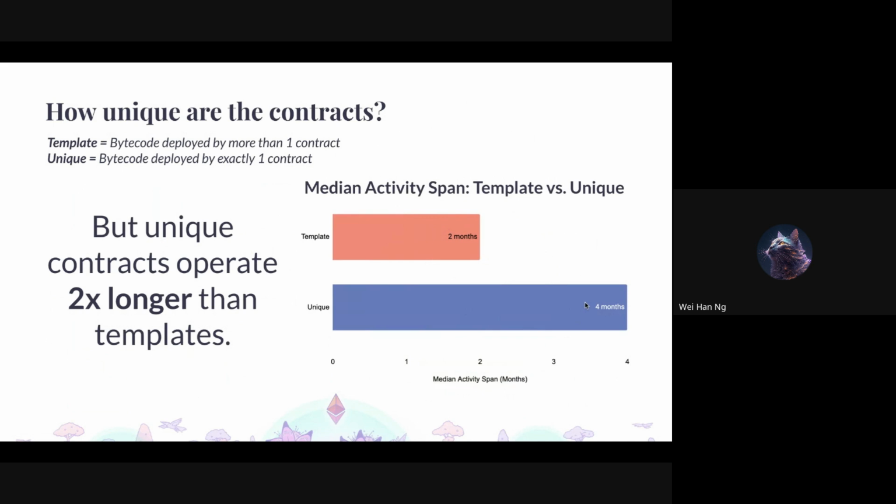If you compare the activity span between these two categories, the unique contracts operate 2 times longer than the template contracts. This suggests that perhaps most of the contracts that reuse bytecodes are spam, for example phishing tokens. That could be one example. As to why this is the case, we have to investigate more with the labels that we have in the future.